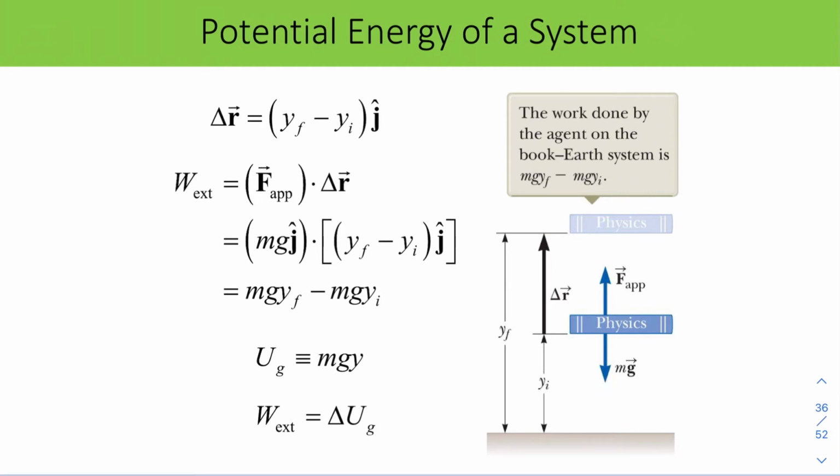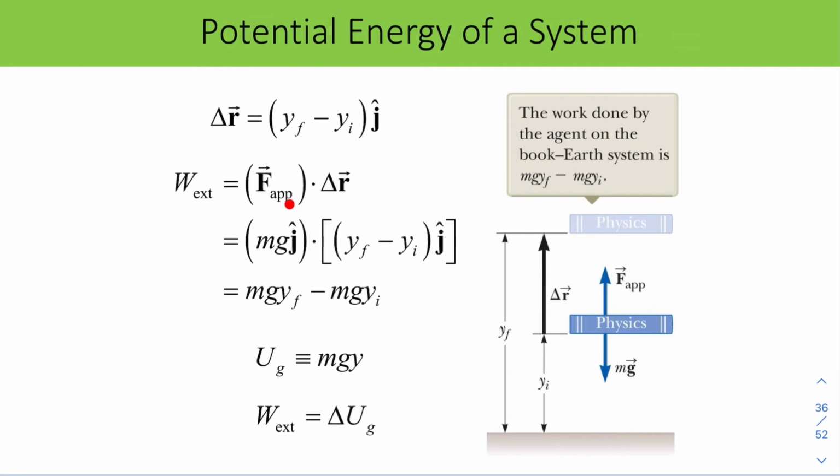The change in position experienced by this textbook is delta R. The work done by the agent on the book-Earth system is equivalent to mgy final minus mgy initial. This is our aim; we want to prove this. So let's take a look. Delta R must be y final minus y initial along j. W external is equivalent to F applied dot delta R.